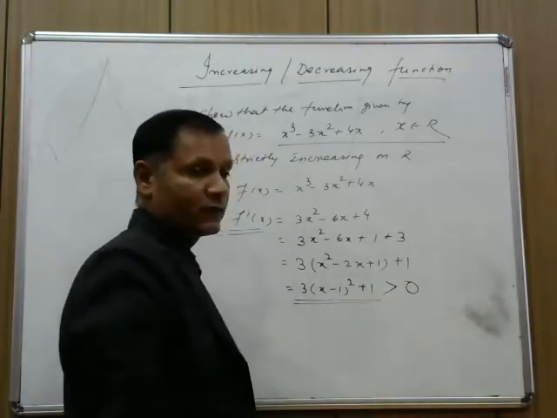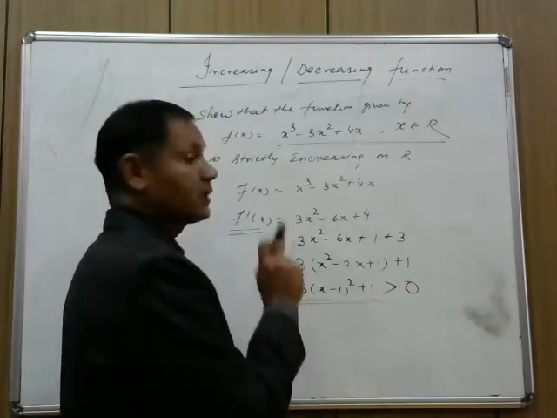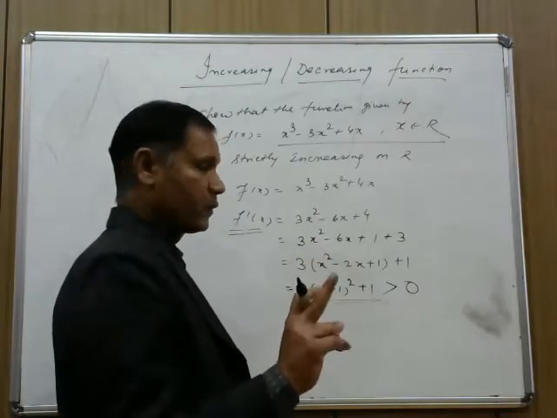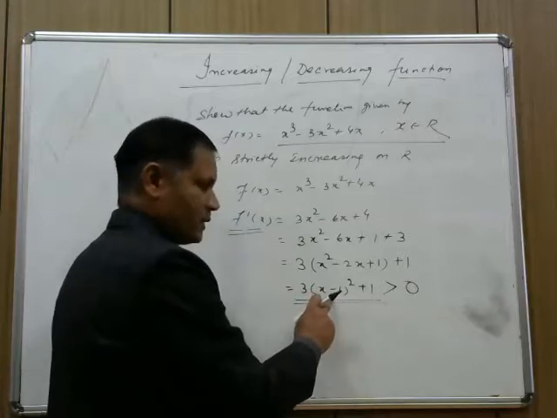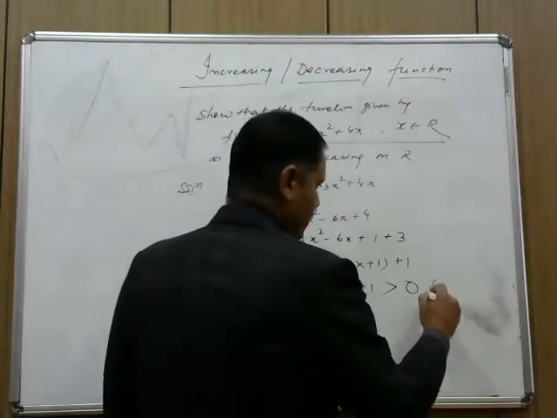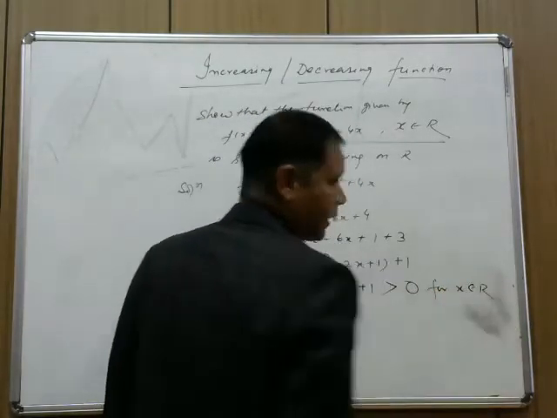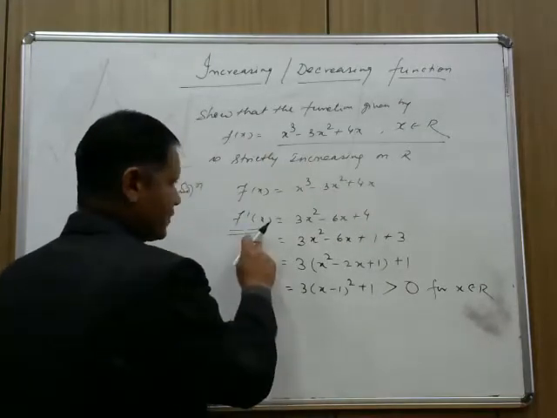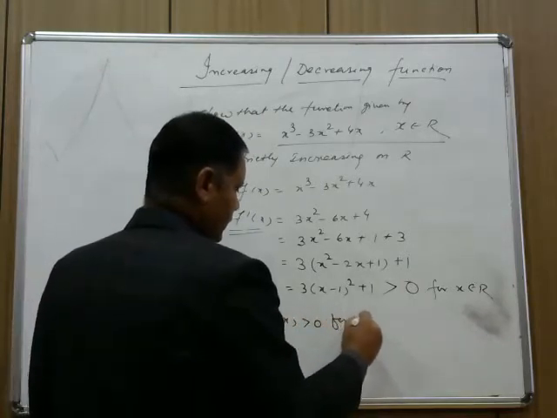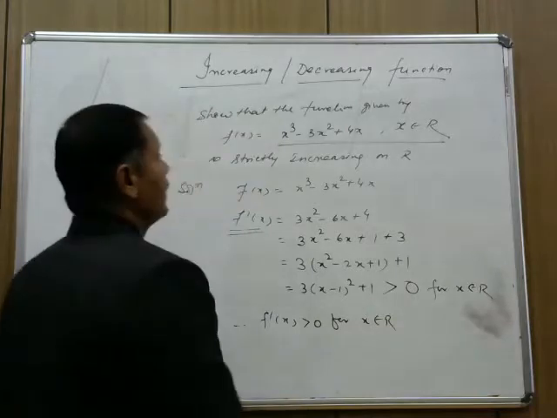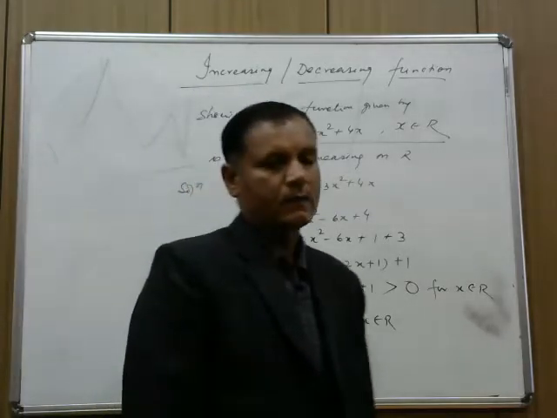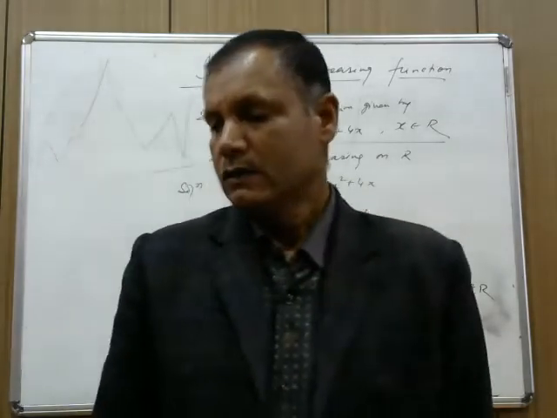Remember that condition: for strictly increasing, there is no equal to sign. So 3 times (x minus 1) whole square plus 1 is greater than 0 for any x belongs to R, and therefore f dash of x is greater than 0 for x belonging to any real number, and hence the given function is strictly increasing on R. Right? Now, see the second question.